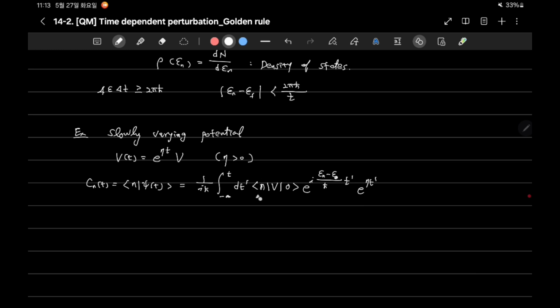Because this is time independent, we do not consider it for the integration. Integration applies to here.